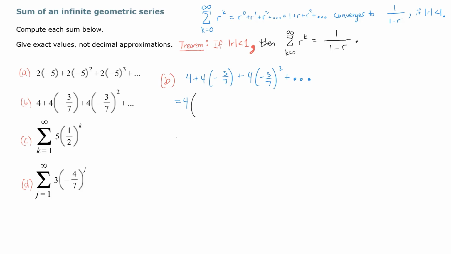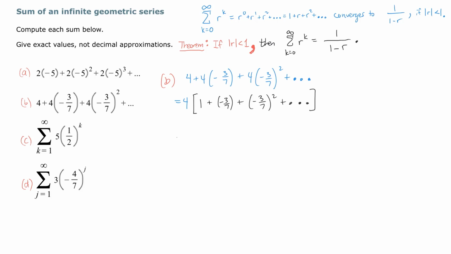We have a 1 plus a negative 3/7 plus a negative 3/7 squared, and we indeed have a geometric series here.